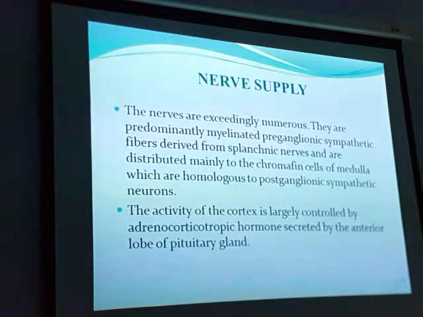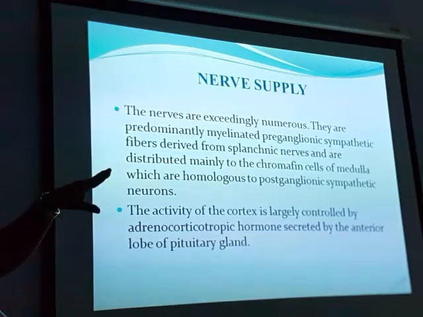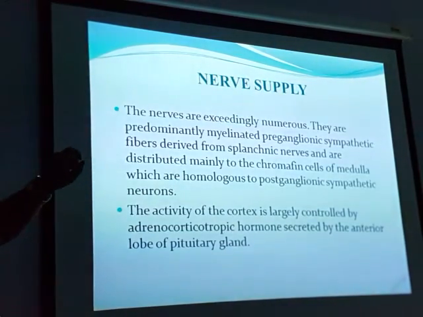Next is the nerve supply of the suprarenal gland. The nerves are exceedingly numerous, predominantly myelinated fibers, that is the preganglionic sympathetic fibers derived from the splanchnic nerve. They are distributed mainly to the chromaffin cells of the medulla.